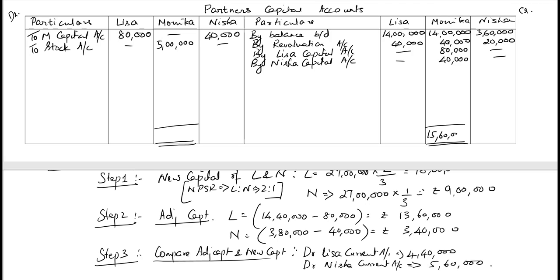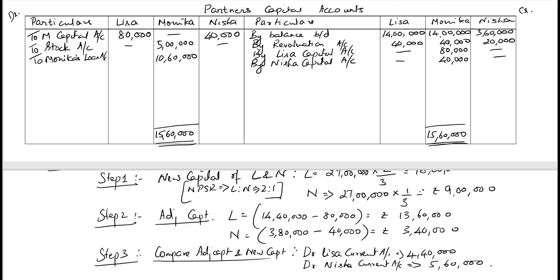Greater total 15,60,000. The difference, 10,60,000, goes to Monica's loan account.